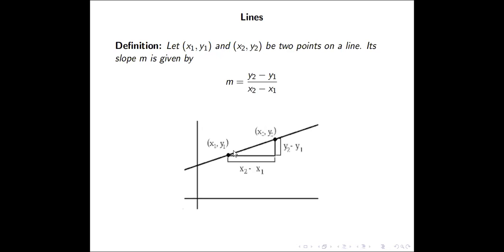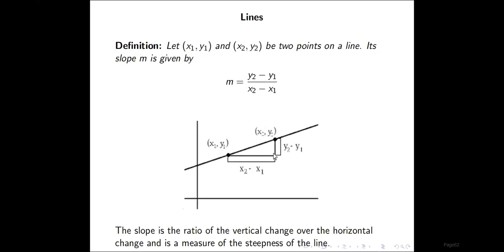Here are the points x sub 1, y sub 1, x sub 2, y sub 2, and geometrically, the slope of the line is the ratio between this side of the right triangle here and this side, which is just the vertical change over the horizontal change, or y sub 2 minus y sub 1 and x sub 2 minus x sub 1.